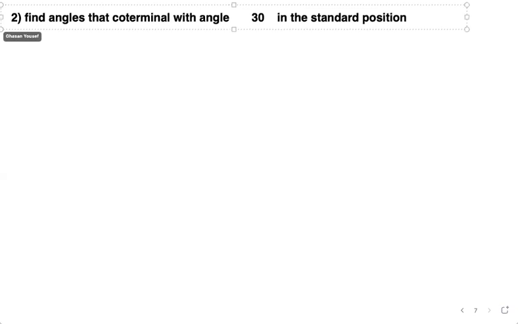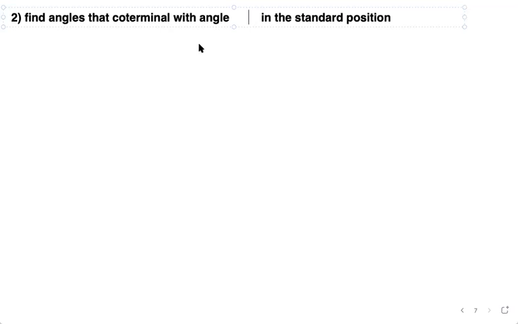So here we don't have 30 degrees, we have pi over 3 radian. If I want to convert this to degrees, I multiply by 180 over pi, and the answer is 60. So this angle is actually 60 degrees.